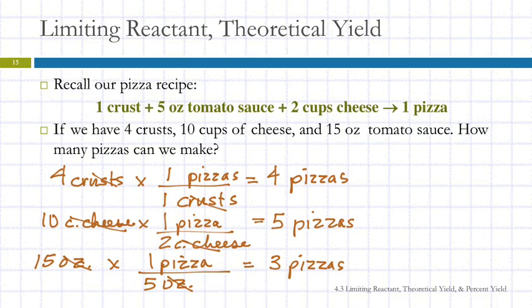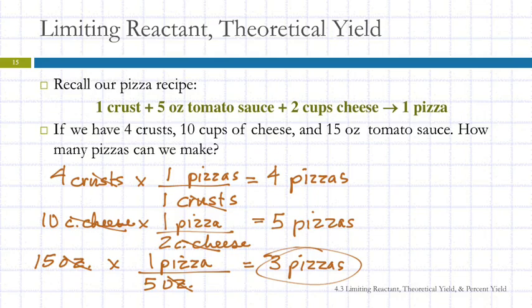So this is real life stuff. We can imagine this happening. You make 1 pizza, you make 2 pizzas, you make 3 pizzas, you go to make the 4th, you've got the crust and there's no sauce. You can't make the pizza. You can't make part of the pizza. You don't have sauce, okay? So how many pizzas can we make? 3.